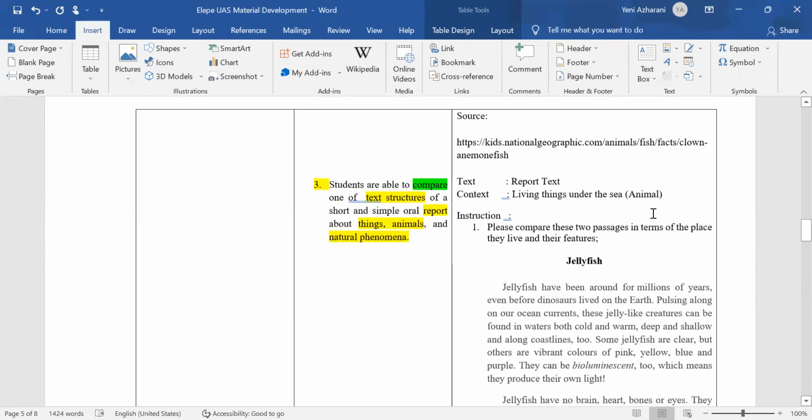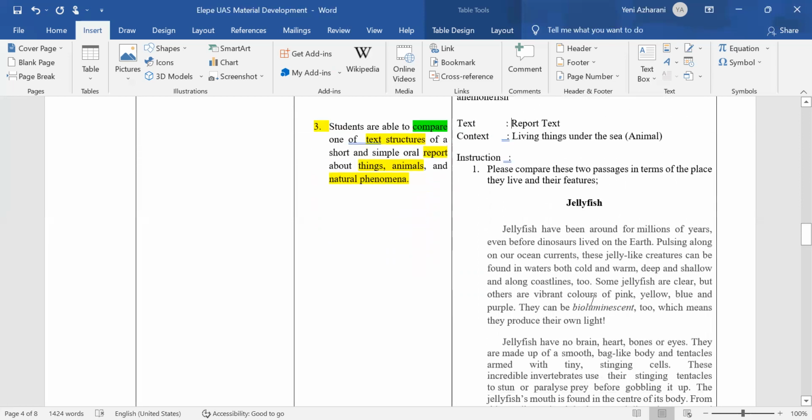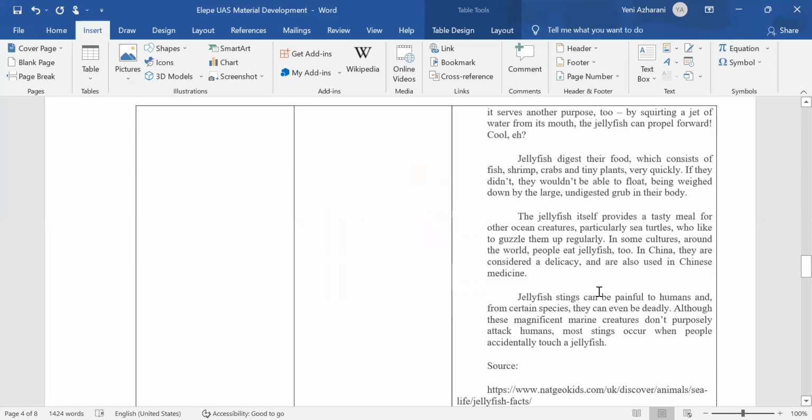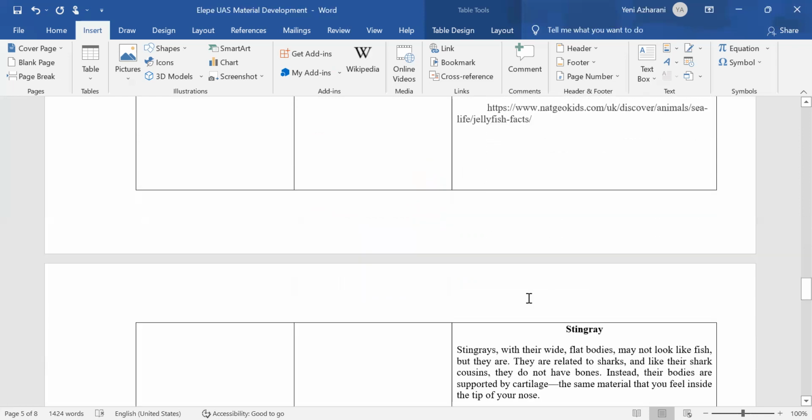They're going to read those two reports, and they're going to compare in terms of the place they live and the features. I took these two from the Nat Geo Kids still.